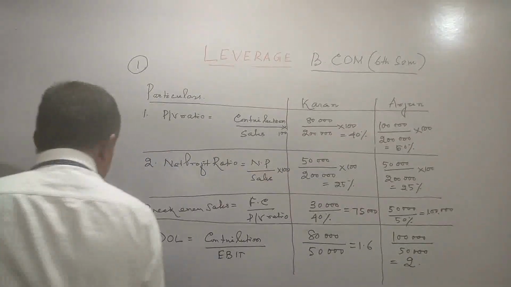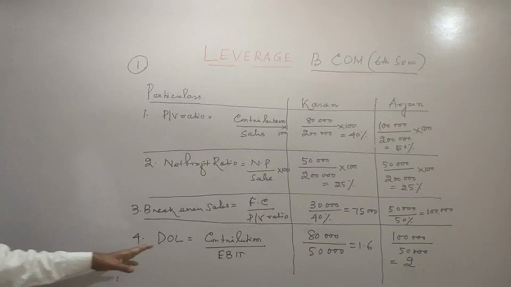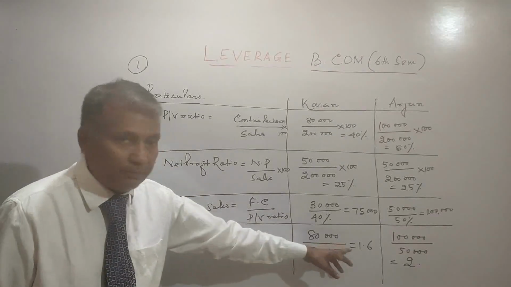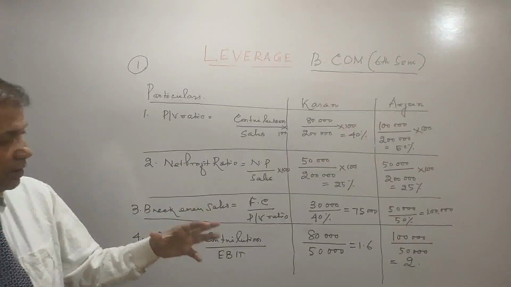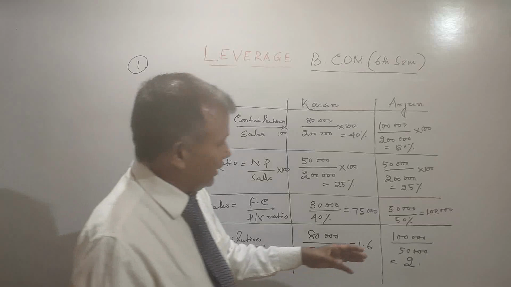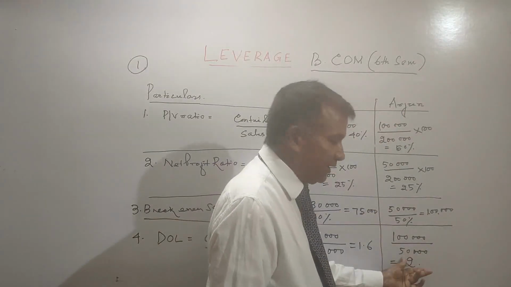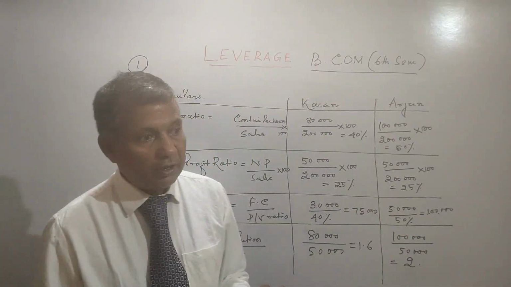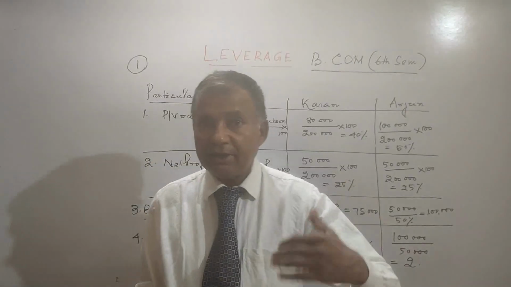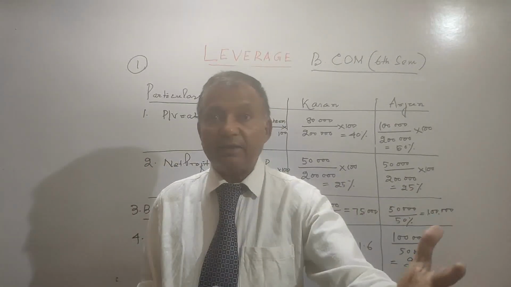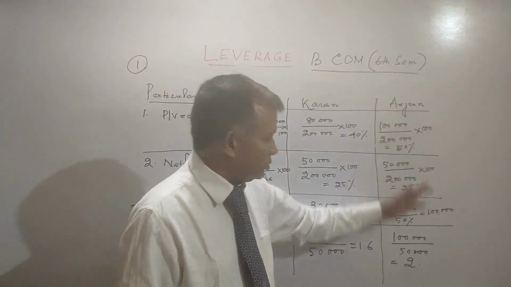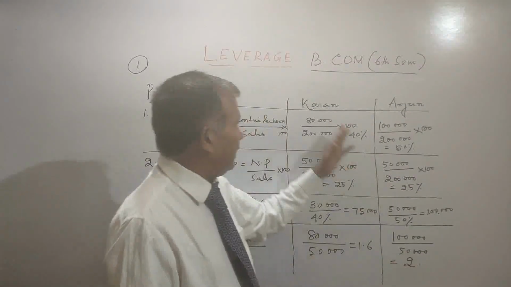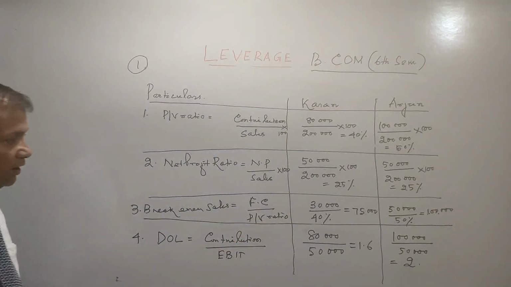So friends, if you look at this degree of operating leverage 1.6, below 2 the risk is moderate or lower. In case of Arjun, the operating risk is 2, and there is a chance that it may be greater than 2 in the future. So operating risk of Arjun is higher and operating risk of Karan is lower, right?